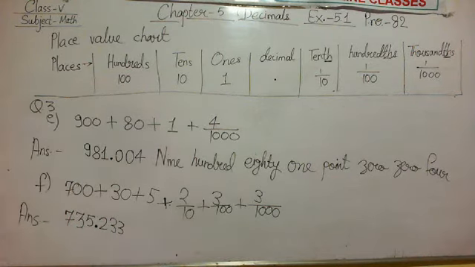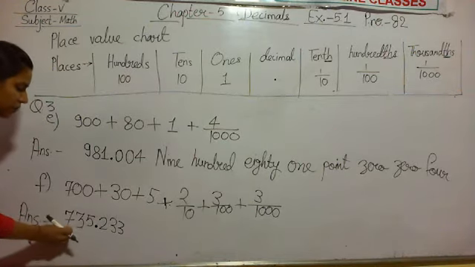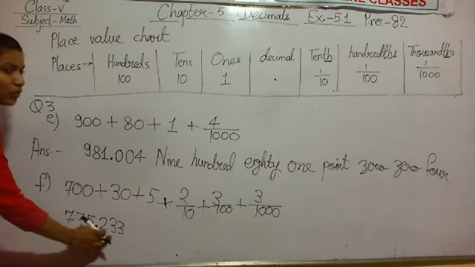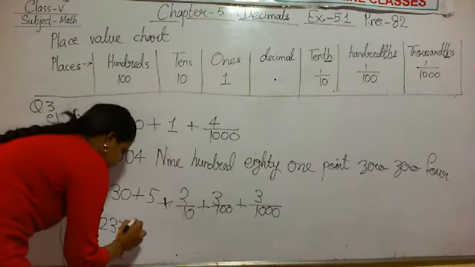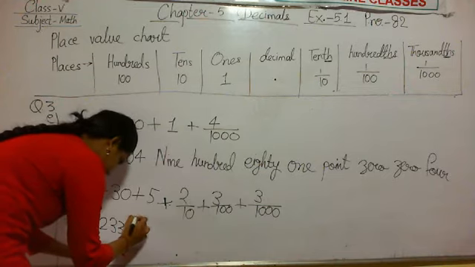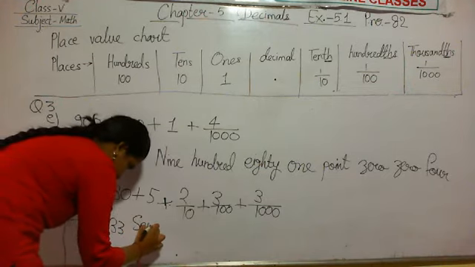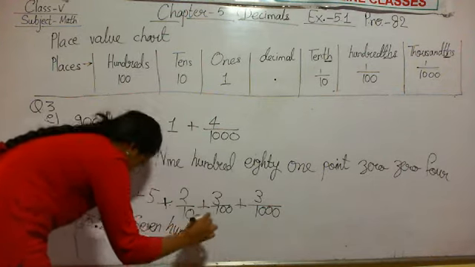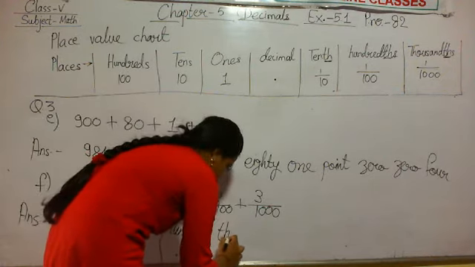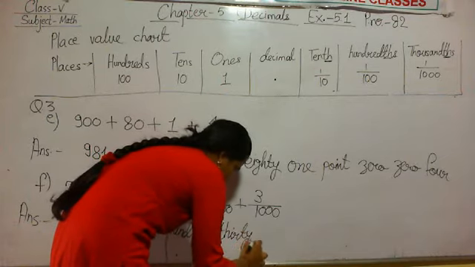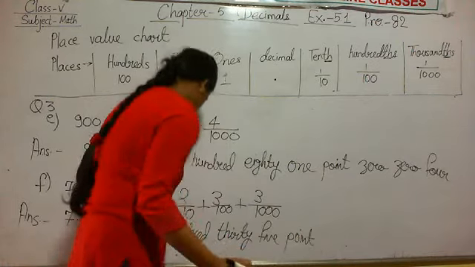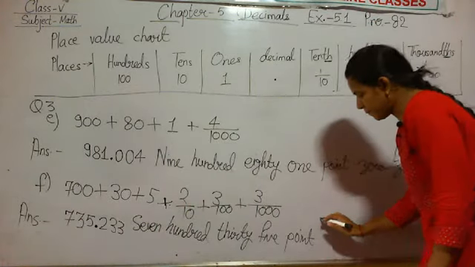Now read this number. 735. We read the whole number together. So I am reading it as 735 point 2 3 3.